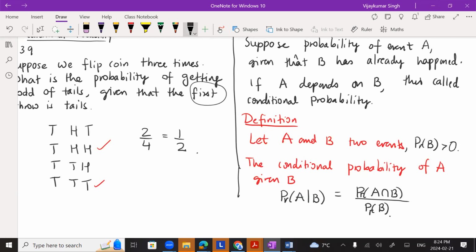So again, what is the conditional probability? You're looking at the event where B has already happened, and then you're asking what is the probability of A happening? It makes sense, right? Let me give a random example about exams.